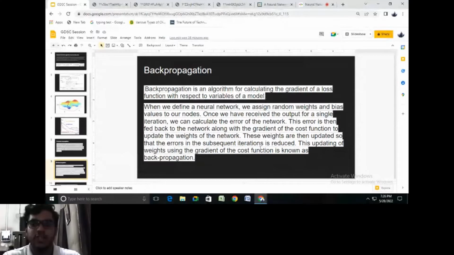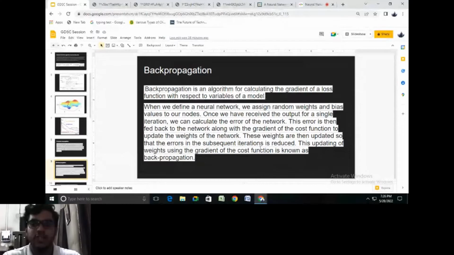There is one distinction that we need to know. Sometimes we use the word back propagation in a very loose sense, but it is actually a very mathematical term to refer to algorithms which are used for calculating the gradient of the loss function.